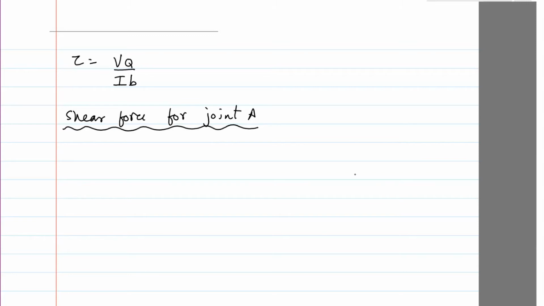So if joint A, then the shear occurs because of the thing which is above point A. So it's only going to be due to the top plate.